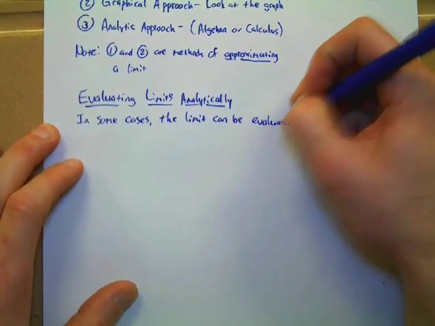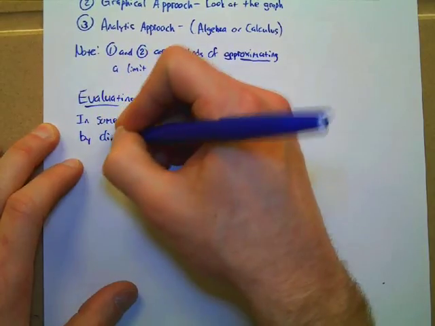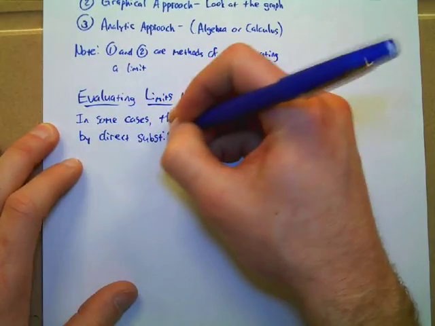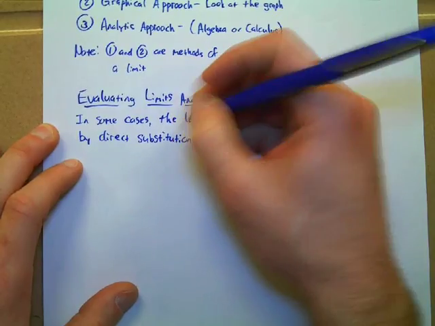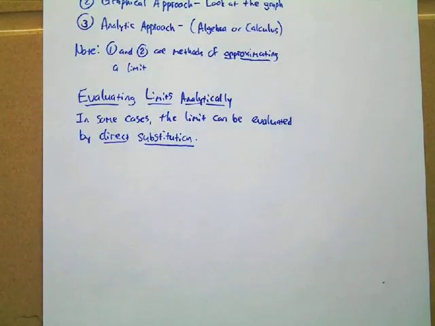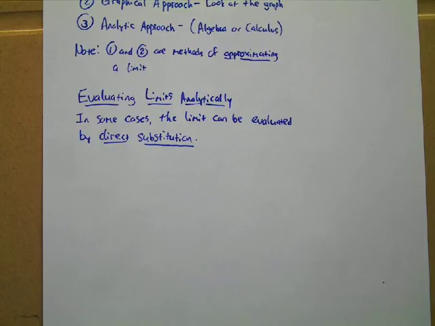And so what I mean by that is this. The limit as x approaches c of a function, in some cases, is equal to exactly the value of the function at c.